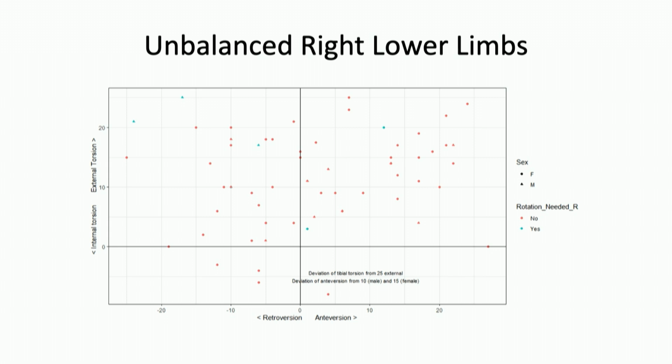But rotation needed, yes or no? The rotation needed actually shows no pattern. It's spread all over. It's not up here and it's not down here. It's spread, so they're more around the periphery. So there might be something else going on, but it's not about a particular degree of anteversion matched with a particular degree of external torsion.